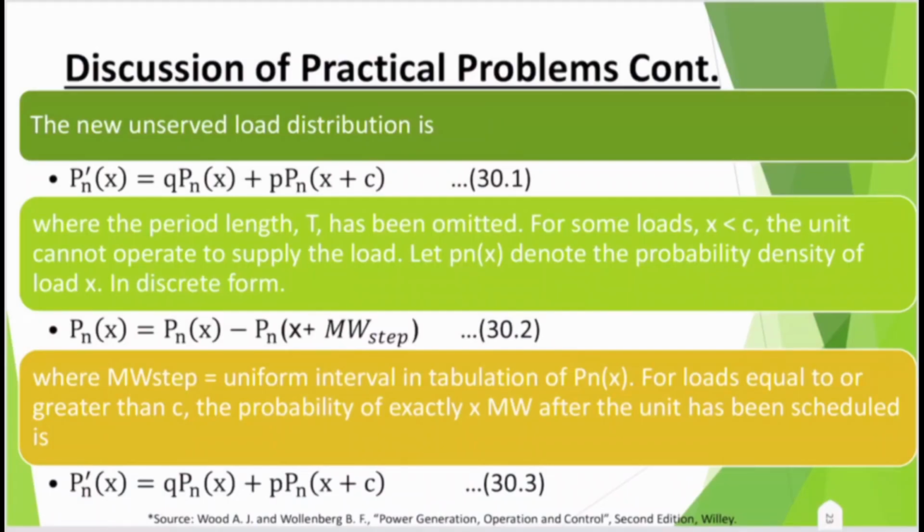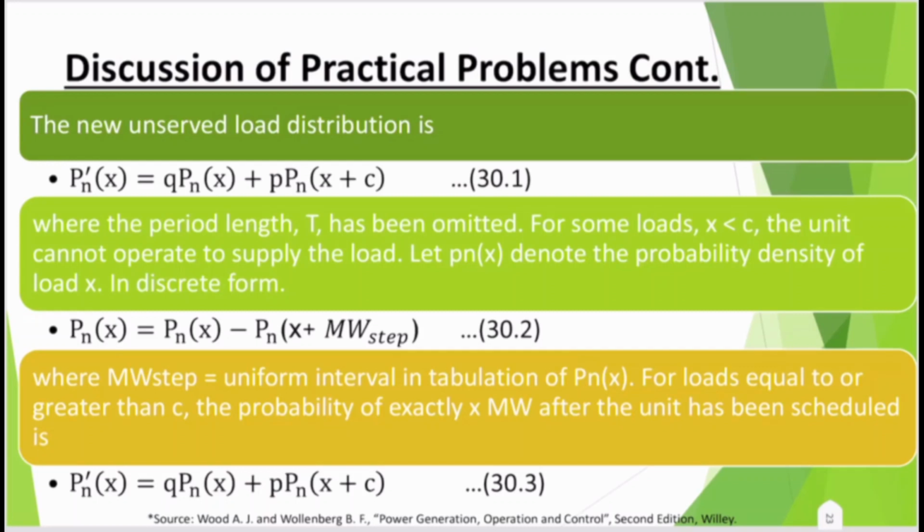For some loads X less than or equal to C, the unit cannot operate to supply the load because it is less than its requirement. Let p_n(X) denote the probability density of load X in discrete form, that is p_n(X) is P_n(X) minus P_n(X plus megawatt step), that is equation 30.2, where megawatt step is the uniform interval interpolation of P_n(X).